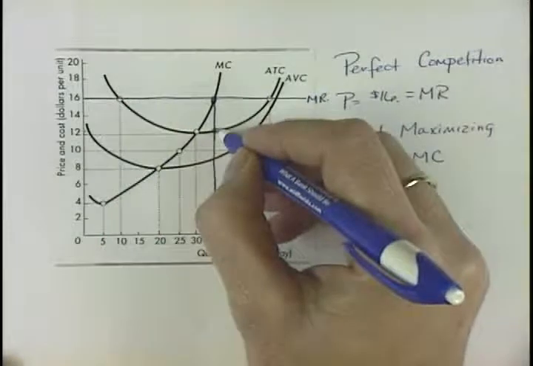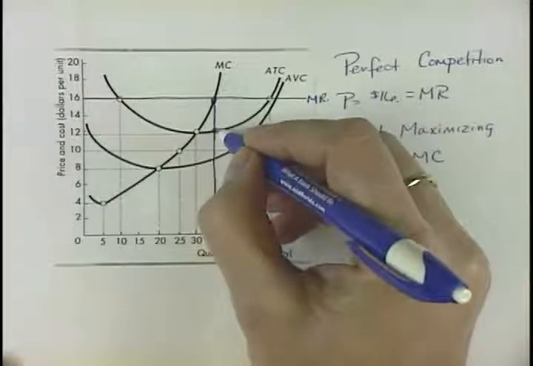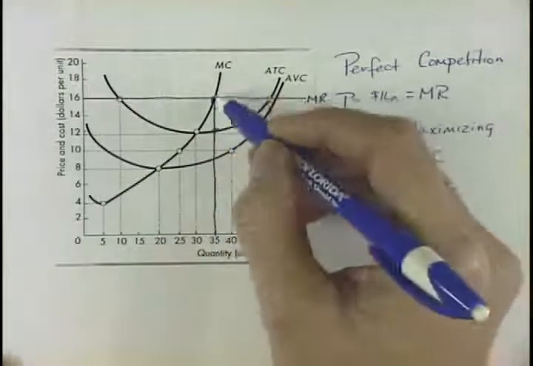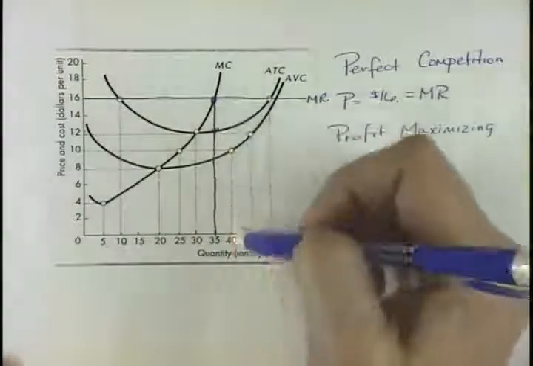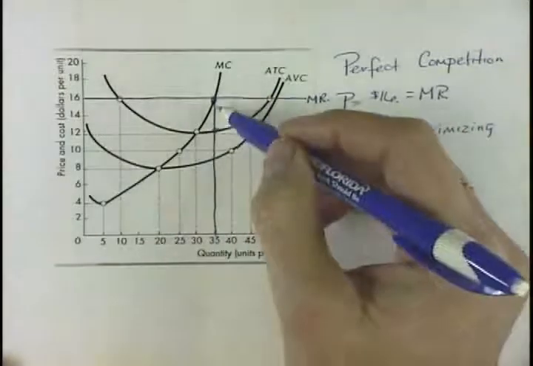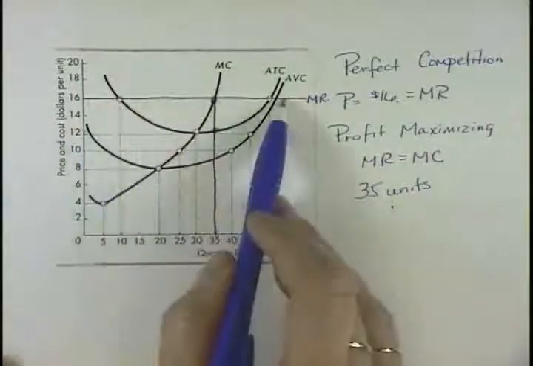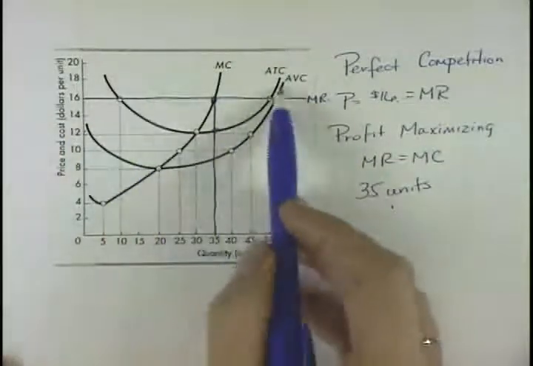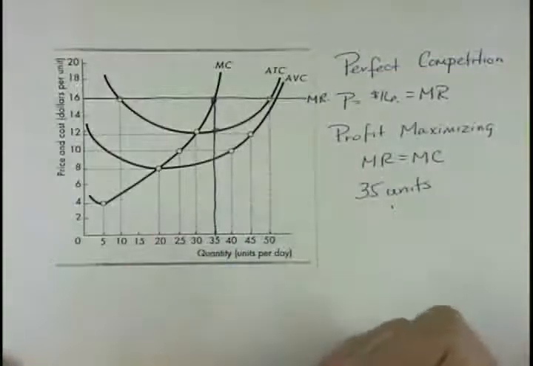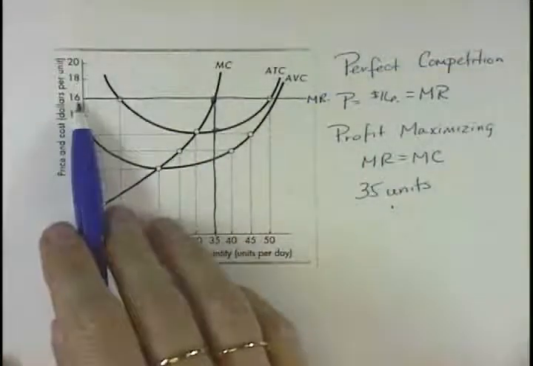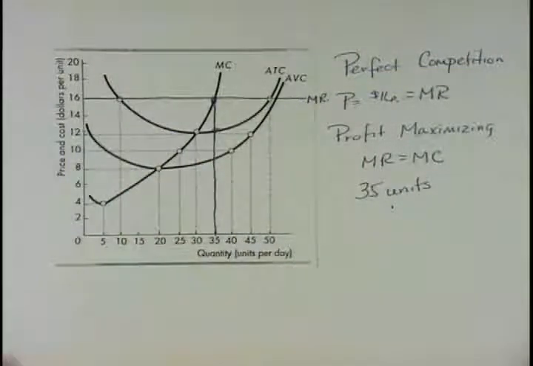Each unit is costing me a little more than $12 to produce, so I'm earning just under $4 a unit profit. If the price line or the marginal revenue line is above the average total cost curve, then we are earning an economic profit. So at $16 we are earning an economic profit.